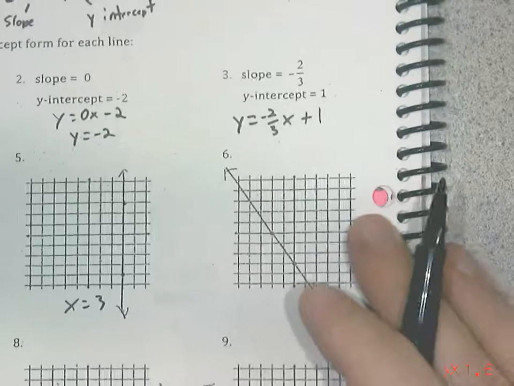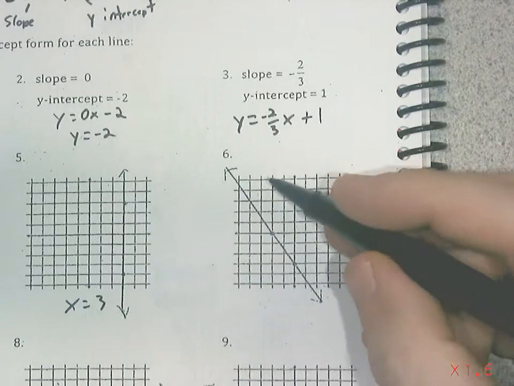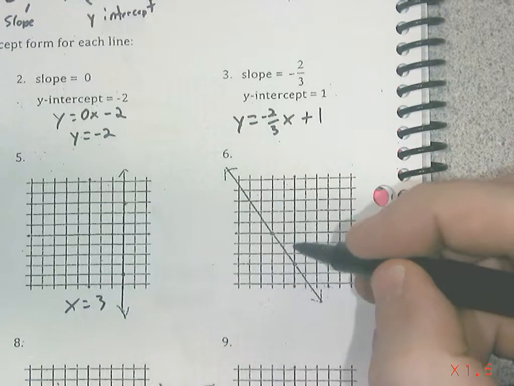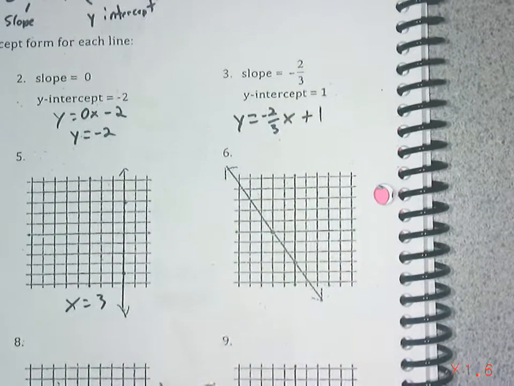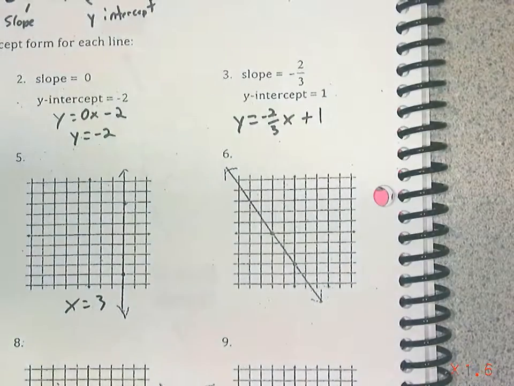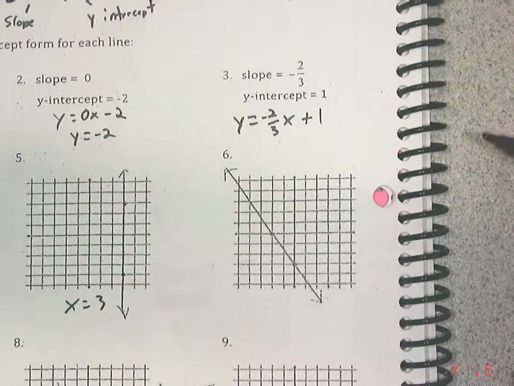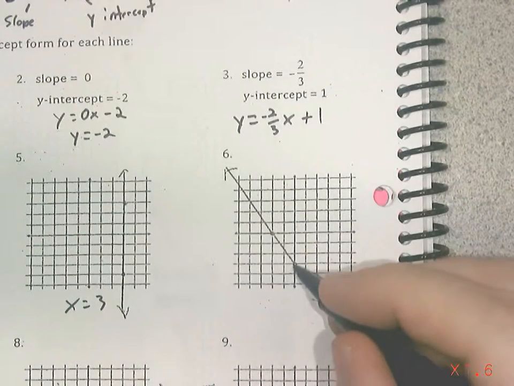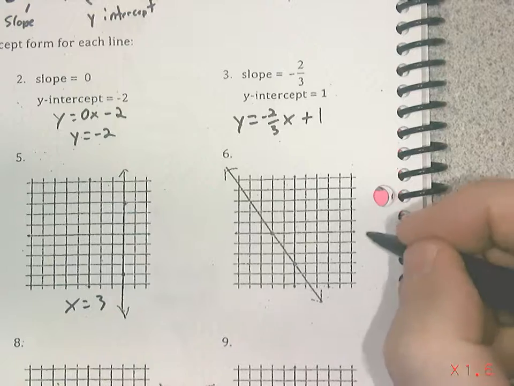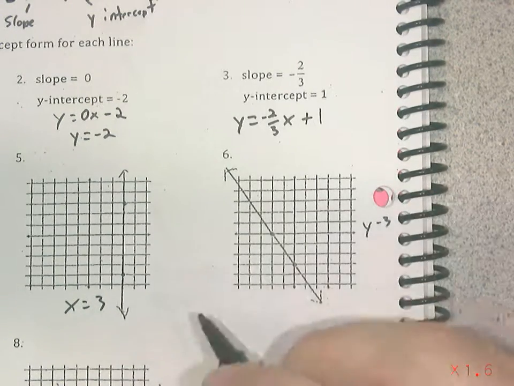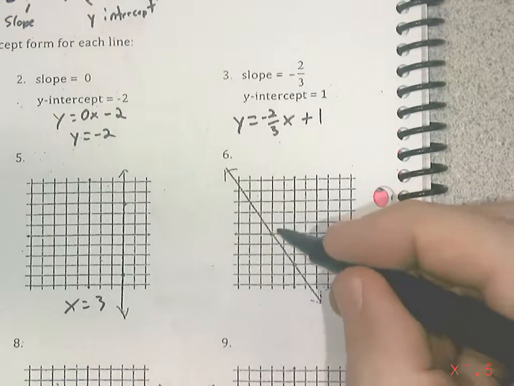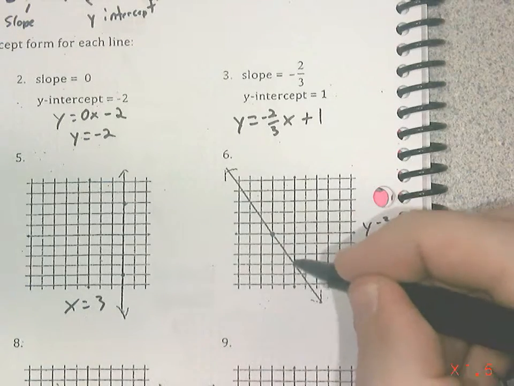Okay, let's do another one. So if we look at this one, it looks like our y-intercept is down here at negative 3. Sorry, light went out. Y-intercept is negative 3. So I'm just going to write that over here. Y is negative 3. And then the slope, again, 2 points, build the stair.